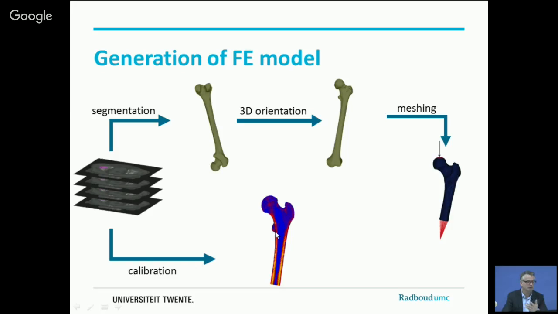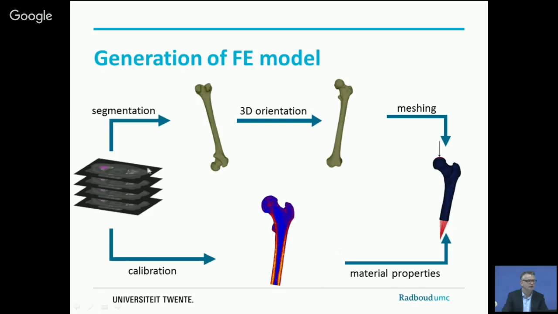Okay. What we don't see is the collagen. So we are working towards seeing also the collagen to be implemented in the model. But for now, this works quite nicely. So we have a distribution, and we put it also in the model. So we have the geometry, and we have the stiffness and the strength properties in the bone.